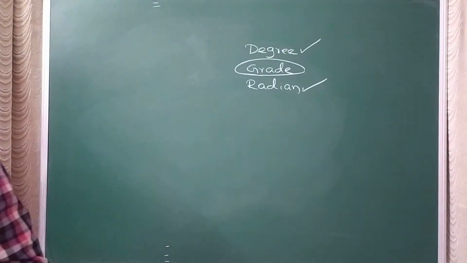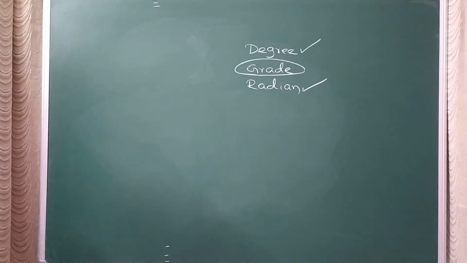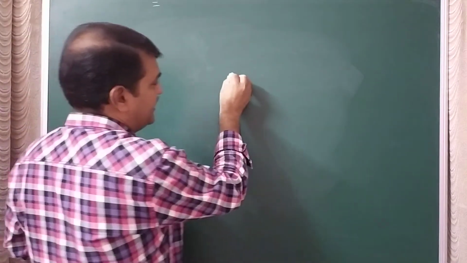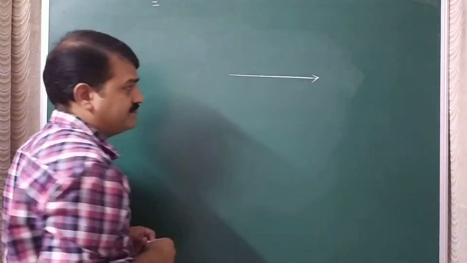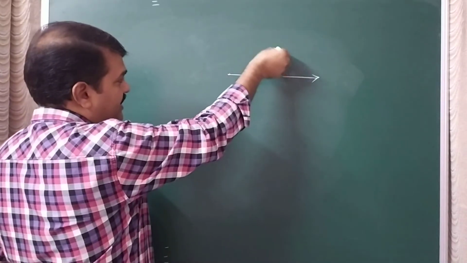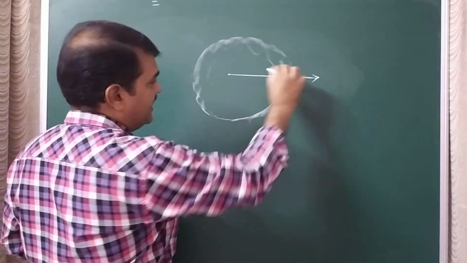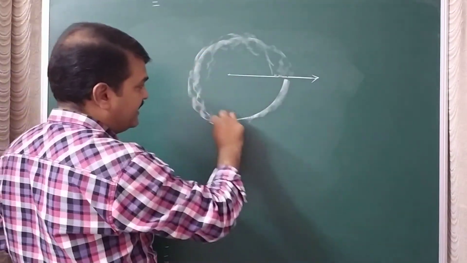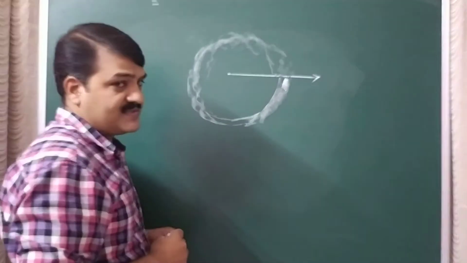So what is degree, what is grade, what is radian, we will discuss now. What is a degree? For example, I take a ray. You rotate the ray completely through one cycle like this.